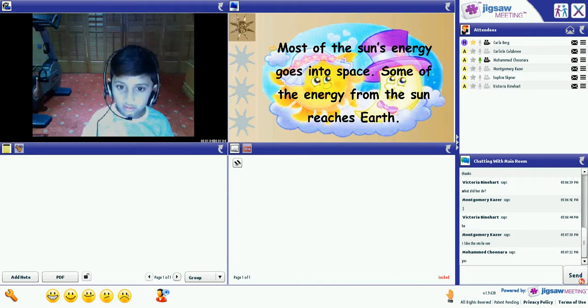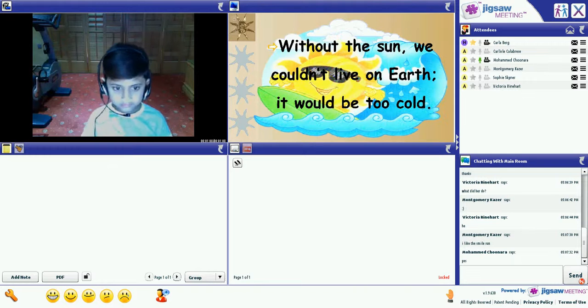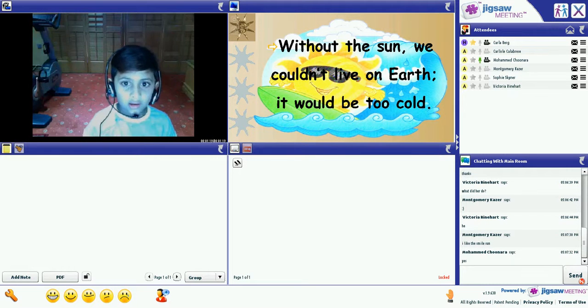Solar energy goes into Earth. Without the sun, we couldn't live on Earth.